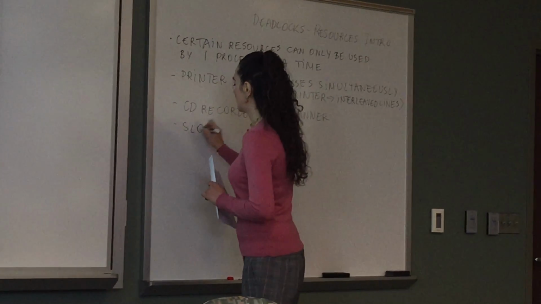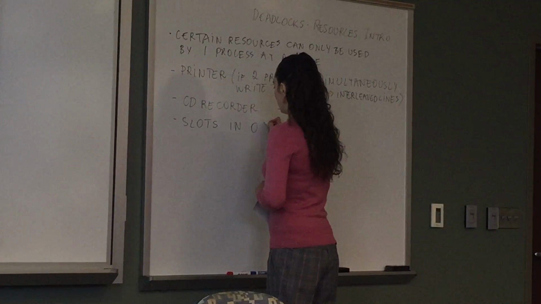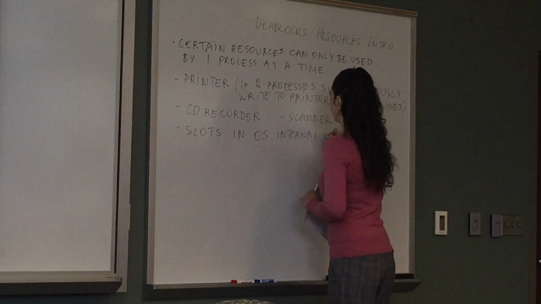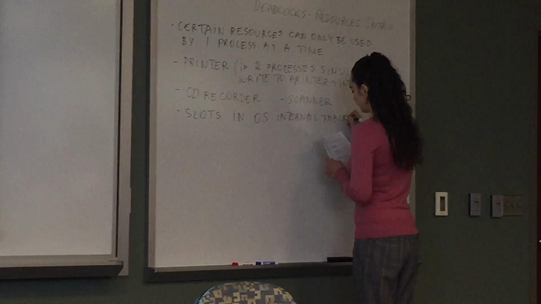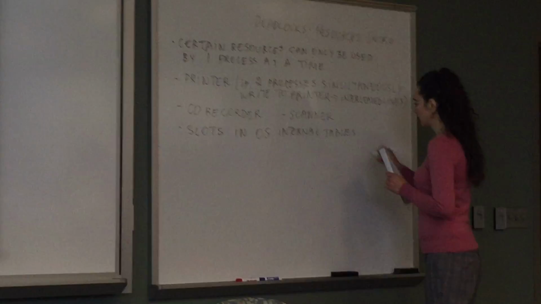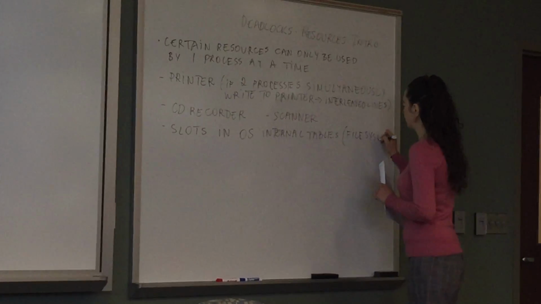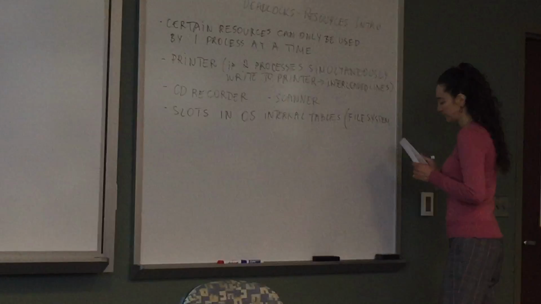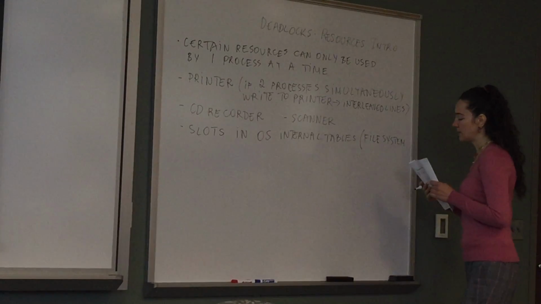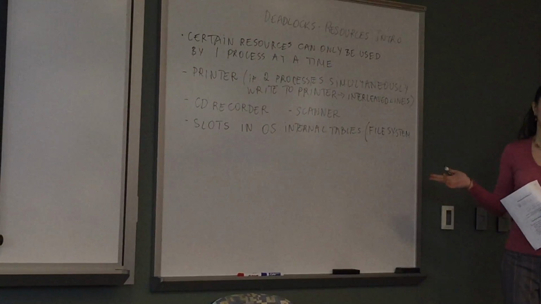Other examples include slots in the operating system internal tables. For example, the file system. If two processes use the same file system table slot, that will lead to corrupt files.